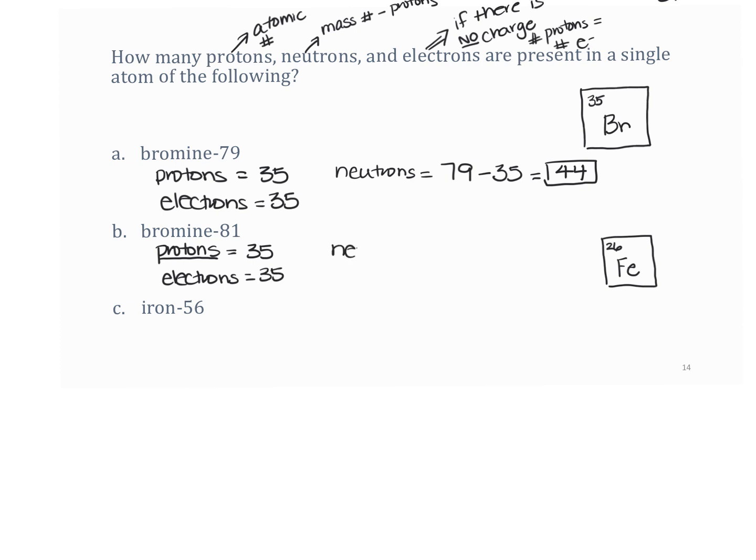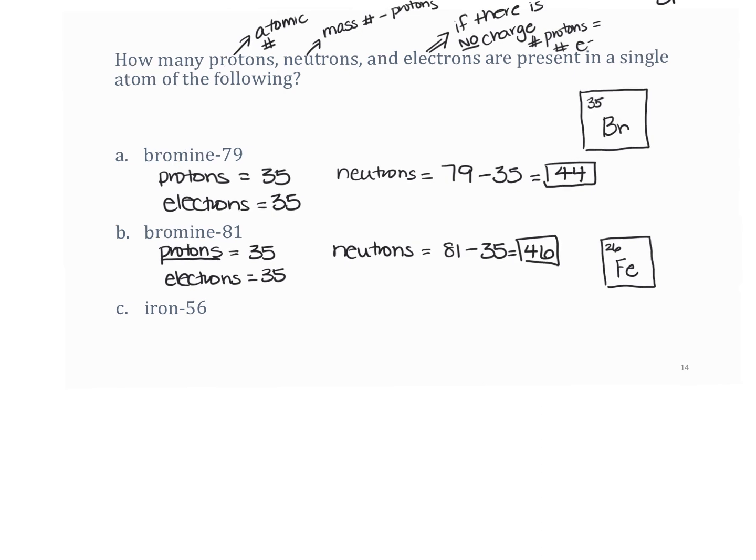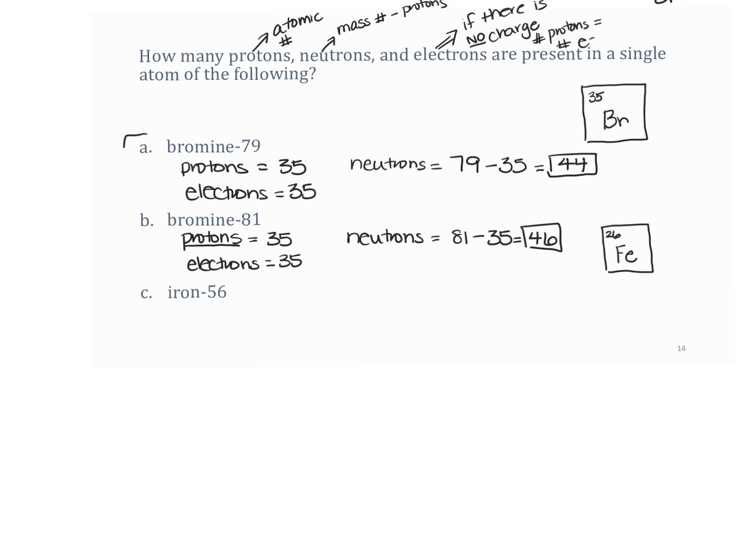And then when I come over here to the neutrons, I'm going to have 81 minus 35, and that gives me 46. Bromine 79 and bromine 81 are isotopes, right? Because they have the same number of protons, but a different number of neutrons, okay?